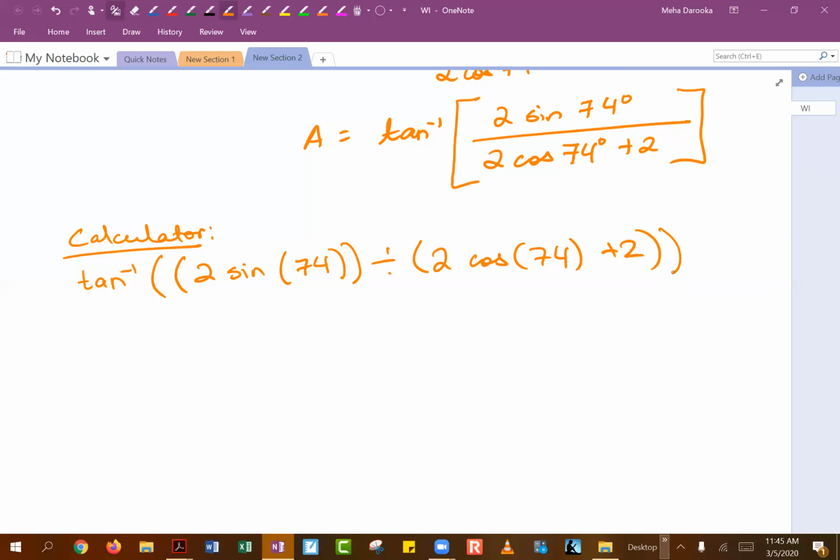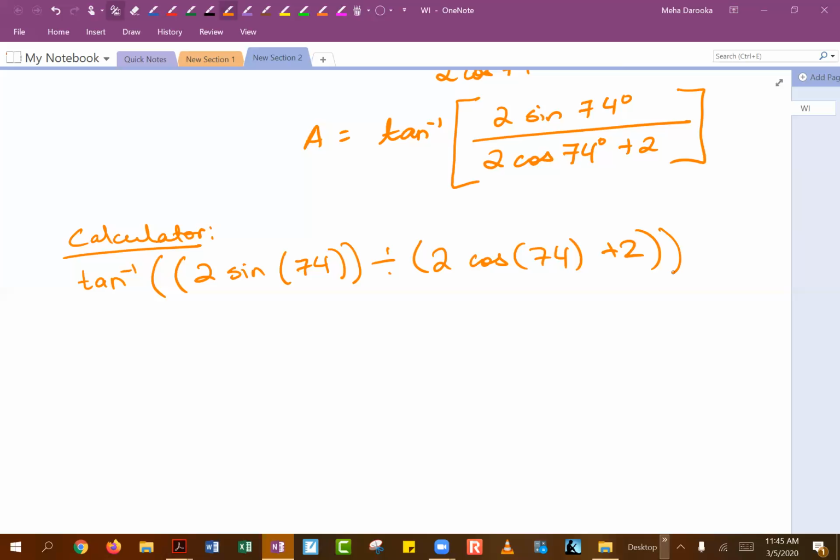So I think we're going to need more than that. So tangent inverse. Already opening one parenthesis, open another one. Then do 2 sine 74. If there's a division, also open up parentheses. Double parentheses. Then divide.